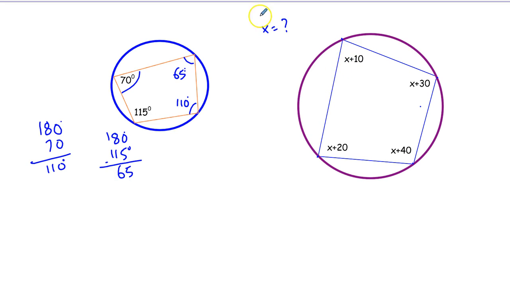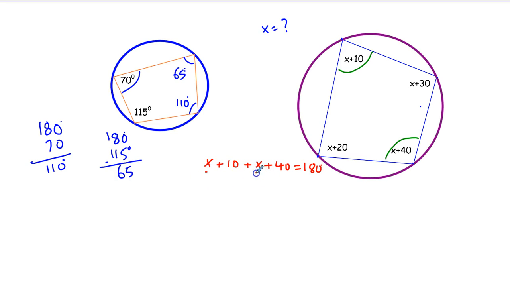Hence the sum of these opposite angles is equal to 180 degrees. x plus 10 plus x plus 40 must be equal to 180. Alright, opposite angles are supplementary, that is x plus 10 plus x plus 40 is equal to 180.